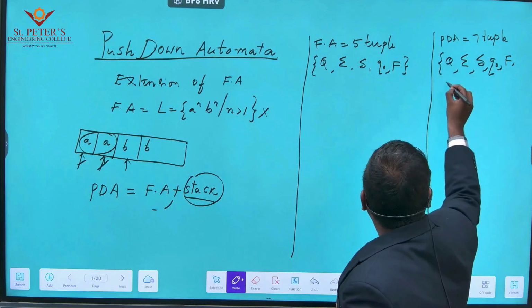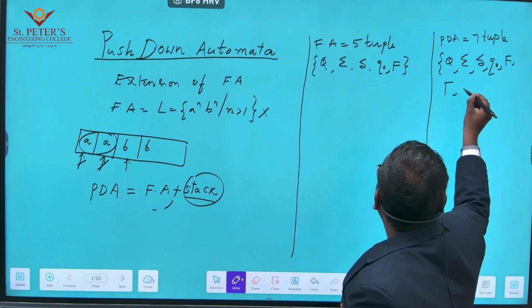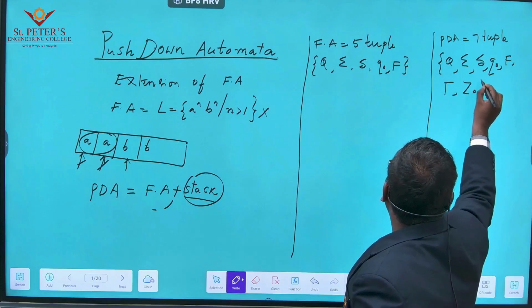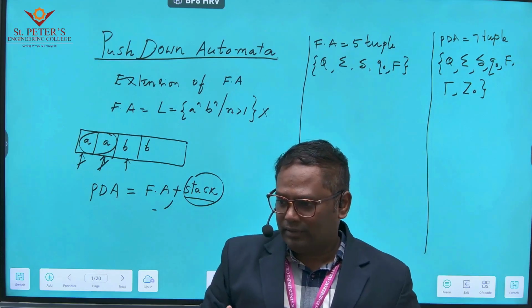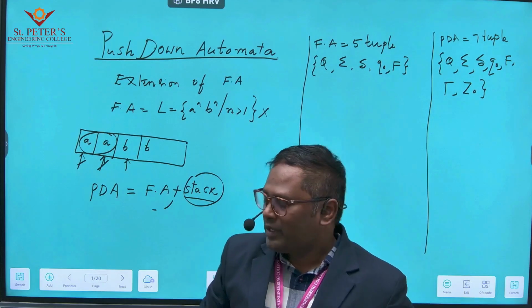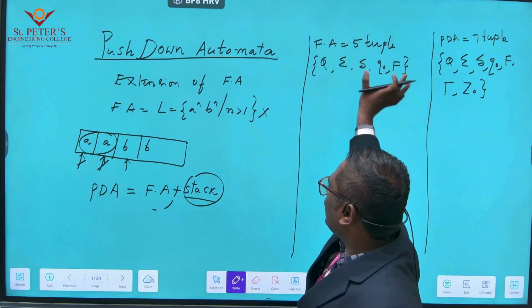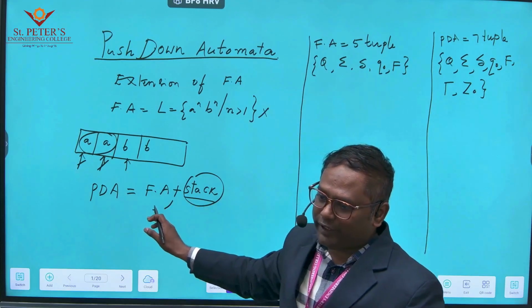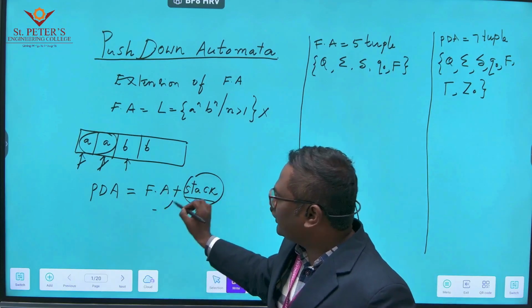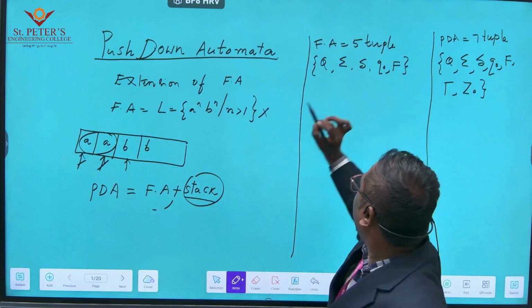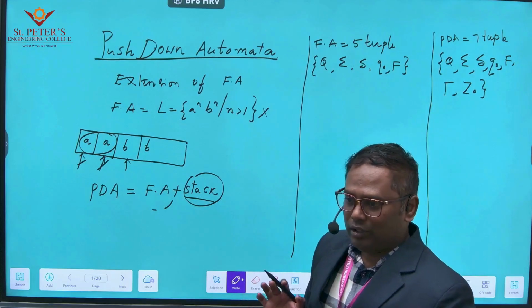One is the stack alphabet and the next one is the top of stack symbol. So these are the 7 tuples in a push down automata. The reason for saying this is that there is a similarity between finite automata and push down automata. If you understand the concept of finite automata, then it is very easy to understand push down automata.